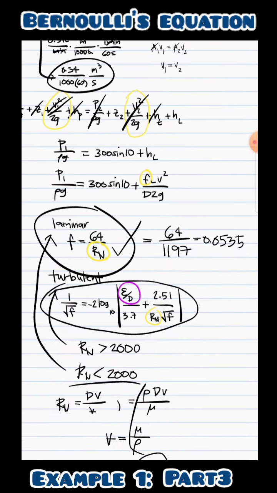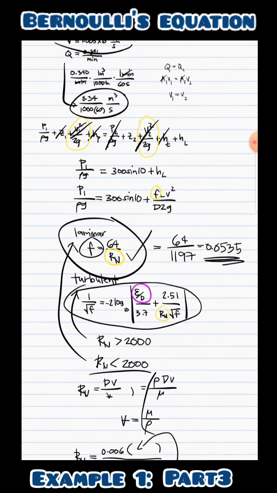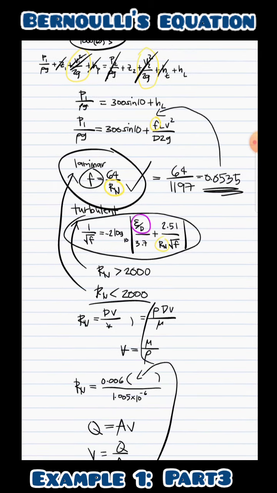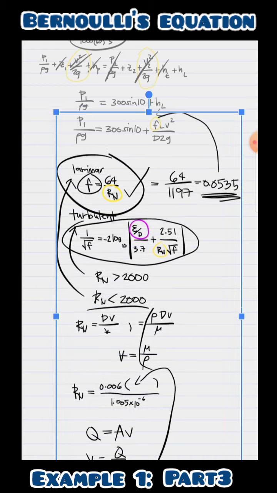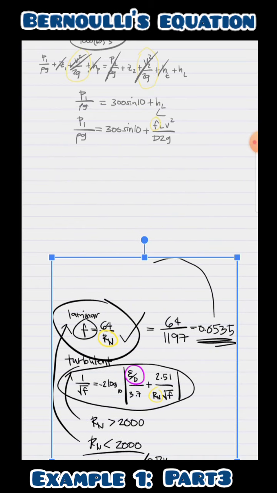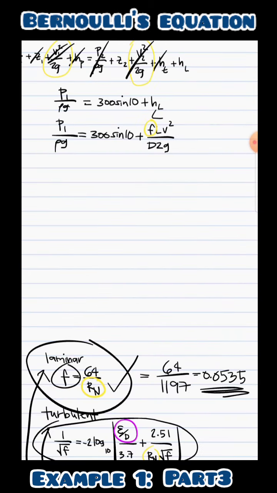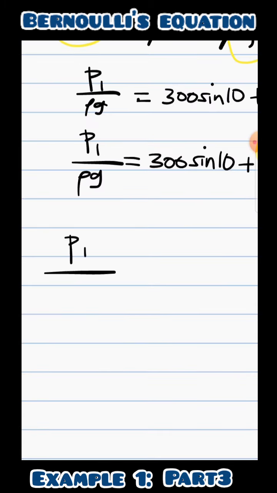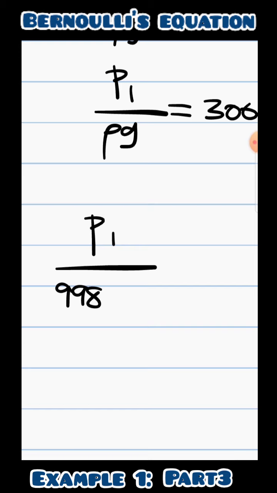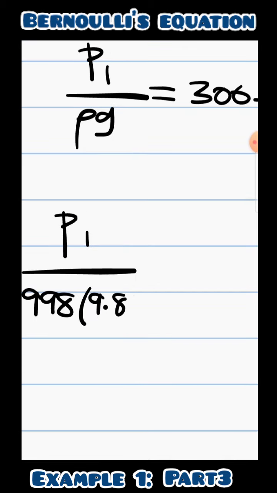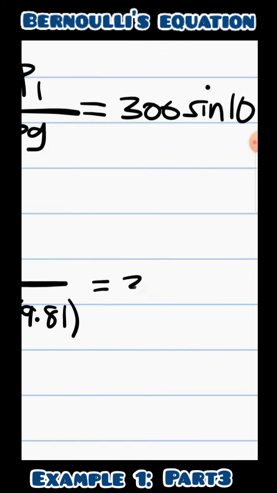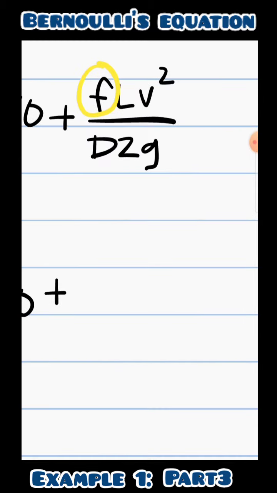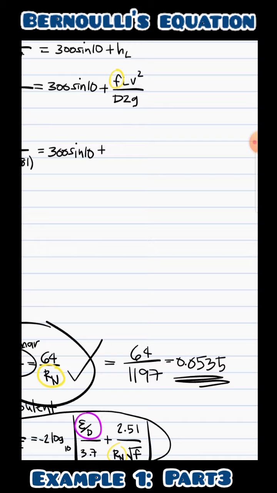Since we already have F, we can plug that here in our equation. We know that the density of water given to us is 998. The acceleration due to gravity is 9.81. The F, we already know, so that's 0.0535.